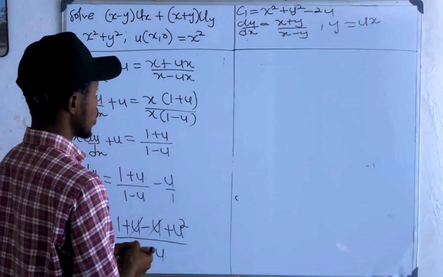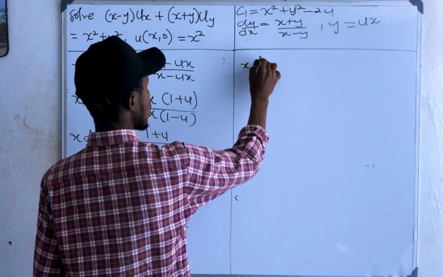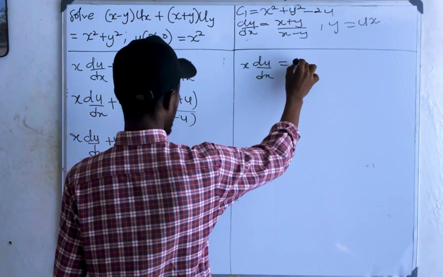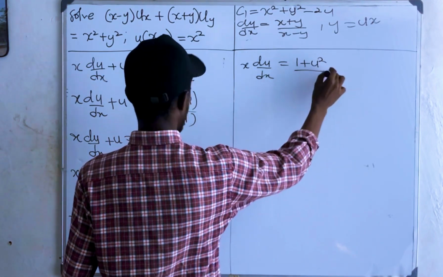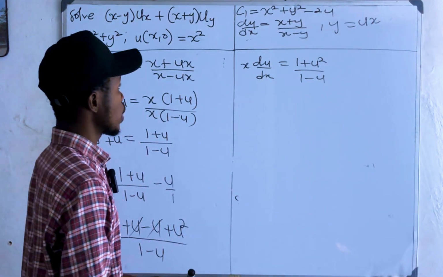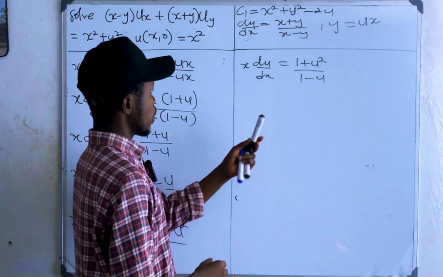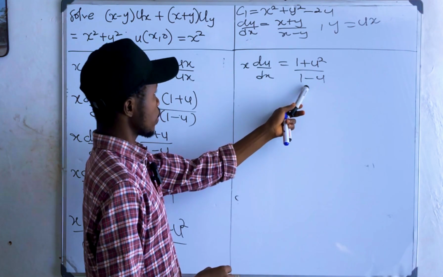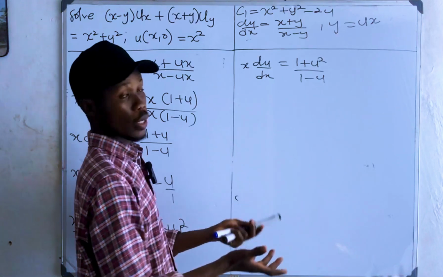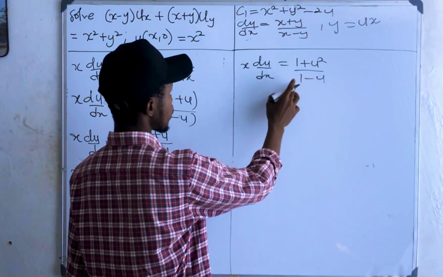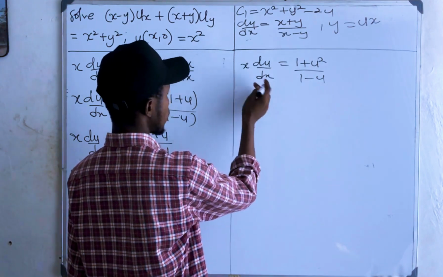So let's start. This one is going to give us x du/dx equals (1 plus u squared) over (1 minus u). Okay, so this is what you're going to have. Now, where we are, we can easily separate them. This goes here, and this one comes here.